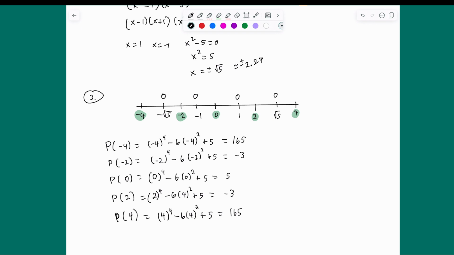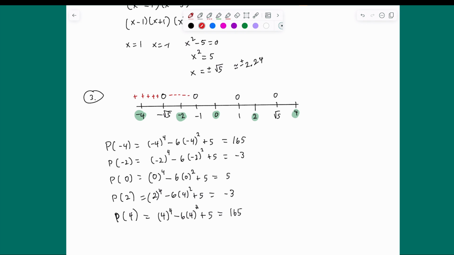All right, so we could see that our test value of negative 4 was a positive value, so on the interval from negative infinity to negative root 5, the polynomial is positive. On the interval from negative root 5 to negative 1, it's negative, so our polynomial will be below the x-axis there, spitting out negative outputs.